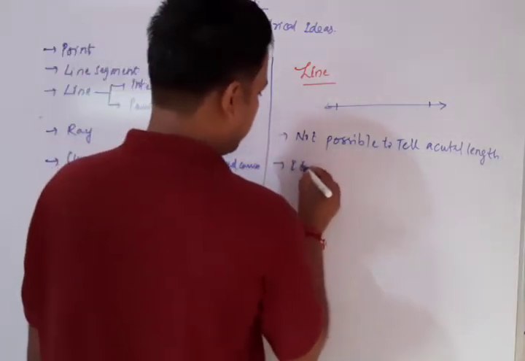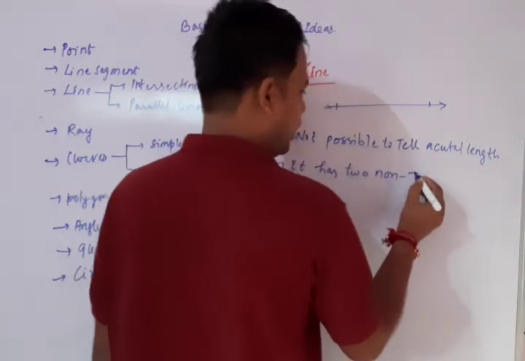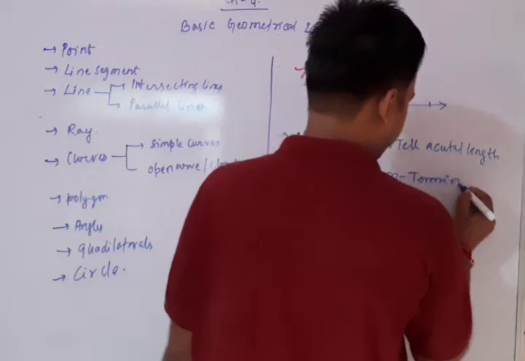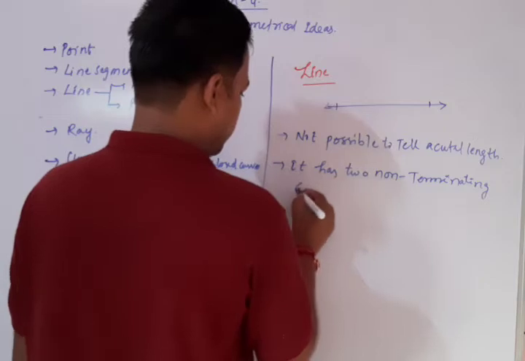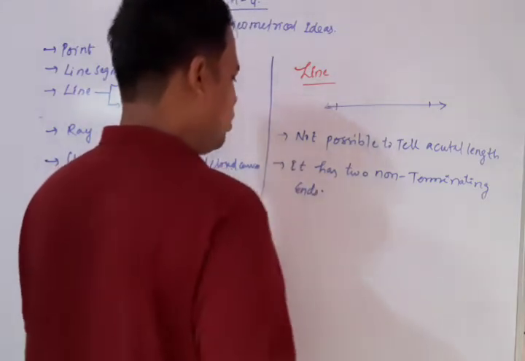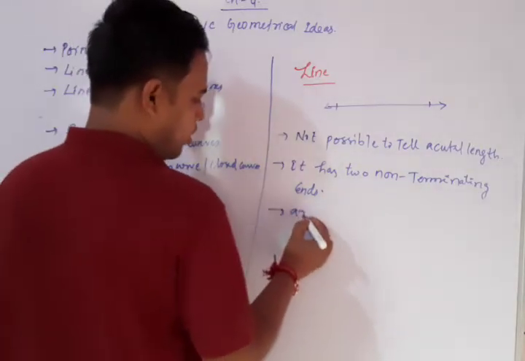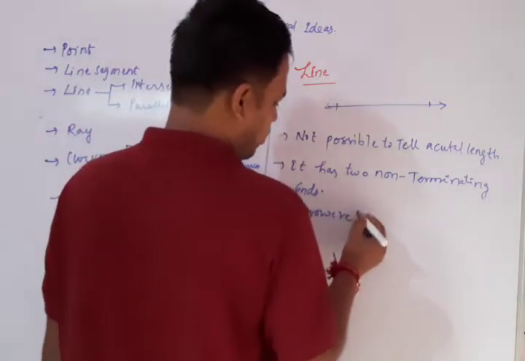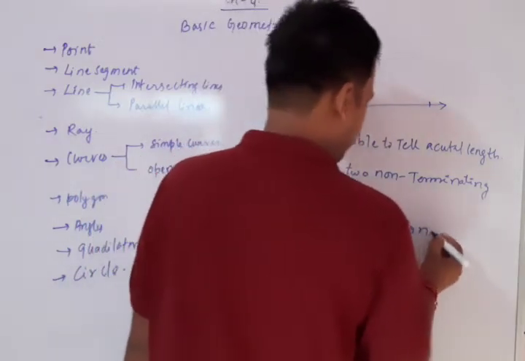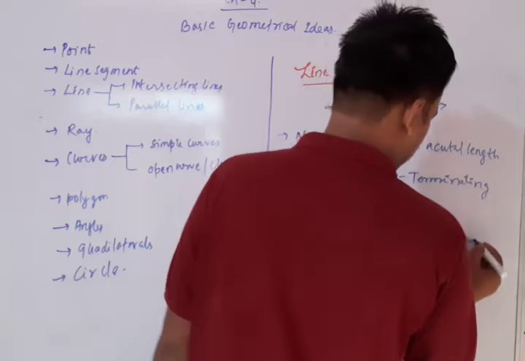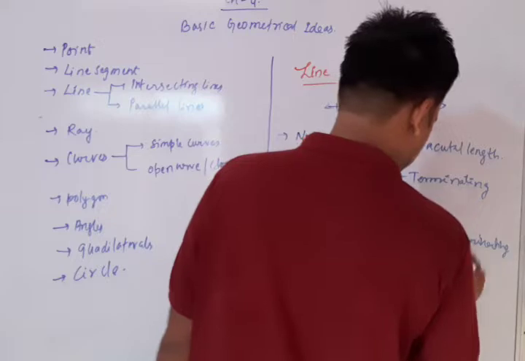It has two non-terminating ends. Means arrows represent non-terminating ends.